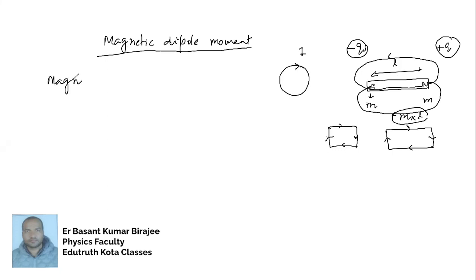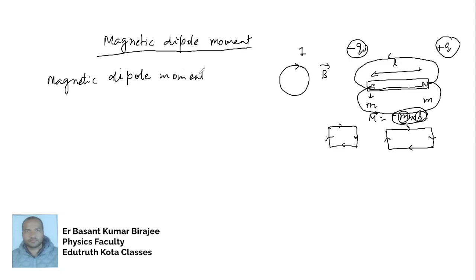In the case of a bar magnet, you write the magnetic dipole moment as pole strength times distance of separation. But a current carrying loop also behaves as a magnet because it produces a magnetic field. If we find the direction of the magnetic field here, the field is inward, perpendicular to the screen.